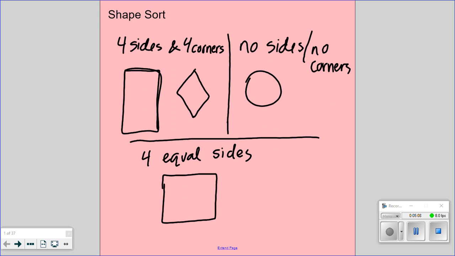But then there are some special ones that have 4 equal size sides. There should only be one shape in there with 4 equal size sides. What number shape has 4 equal size sides? Cole? 22. 22 should be in its own pile.